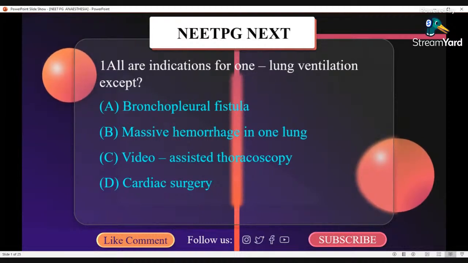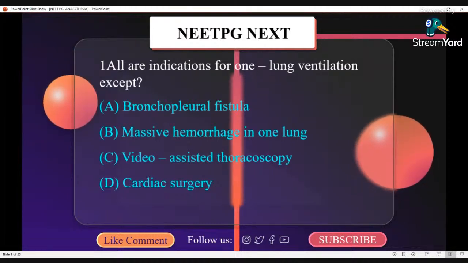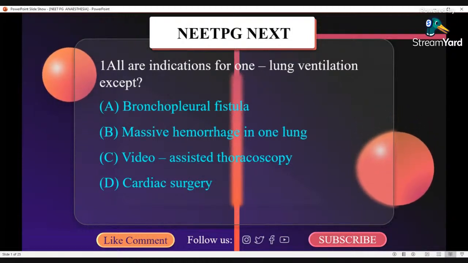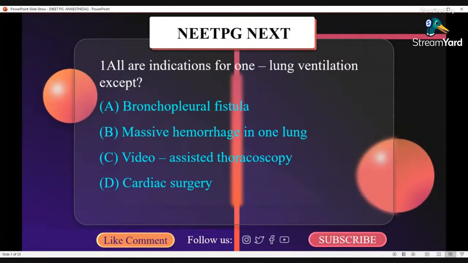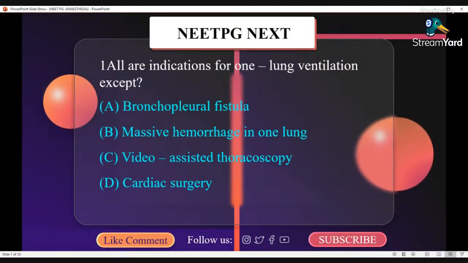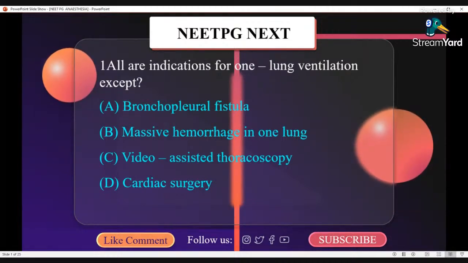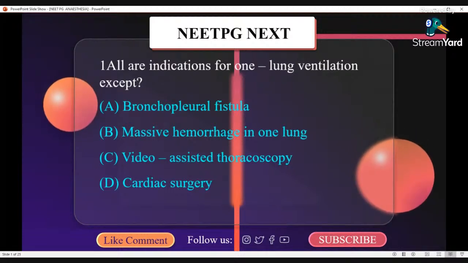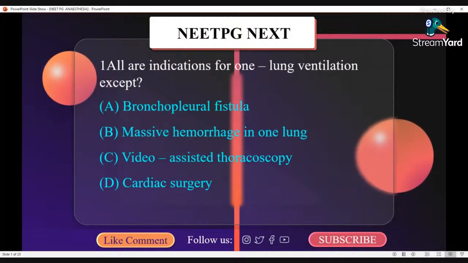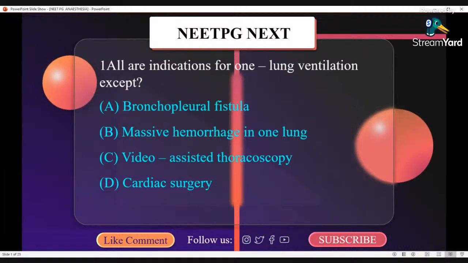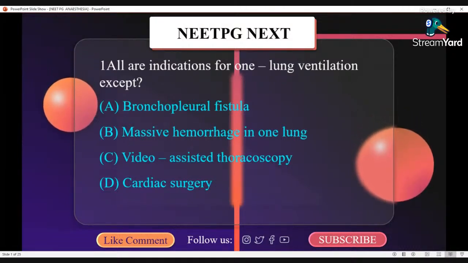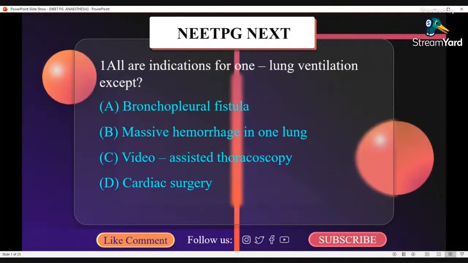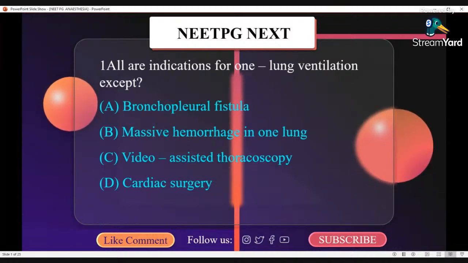So what are the indications for lung isolation? For proper surgical exposure, protection of the contralateral lung. If one lung is the affected one, then we want to protect the other lung from injury or pathology. Maintenance of continuous ventilation during differential lung ventilation. It can be used in bronchopleural fistula, in history of lung transplant with severe obstructive disease of the native lung, large bleb or bulla.